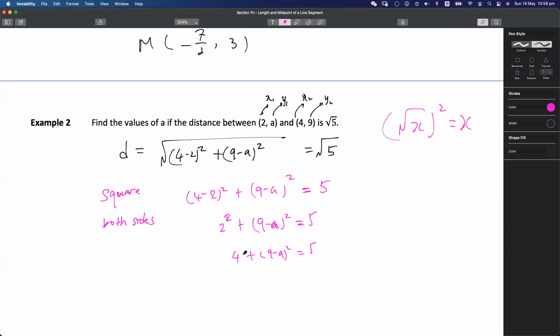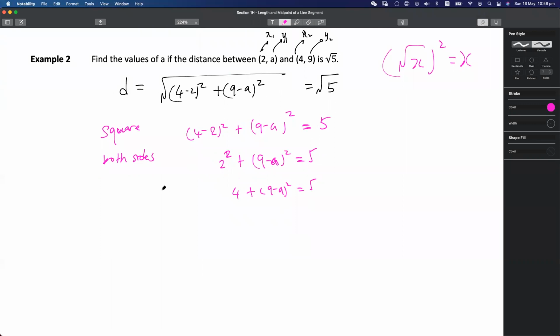I could just move this 4 to the other side, because we're looking for the value of a, so we're solving for a. I move 4 to the other side: (9 minus a) squared is equal to 5 minus 4. Take away 4 from both sides, so (9 minus a) squared is going to be equal to 1.